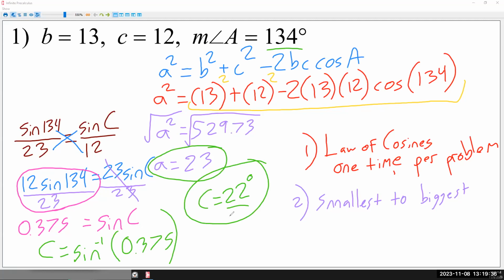And you told me it was what? So once we have this angle and this angle, to find the third one, you subtract those from 180, right?